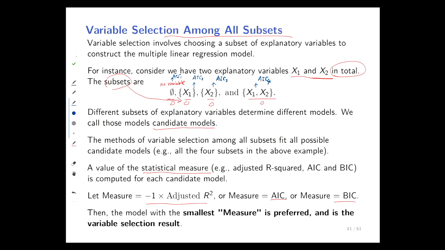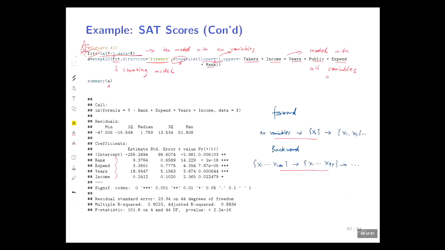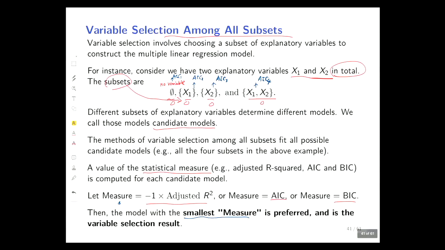After we list all kinds of combinations, and we obtain all the values for this specific measure, what we need to do is just to find the model or the subset with the smallest measure. That's the difference between this among all subsets idea and the sequential. For the sequential, we only consider to add or eliminate one variable each time. But for this among all subsets, we just list everything. So that's the difference.